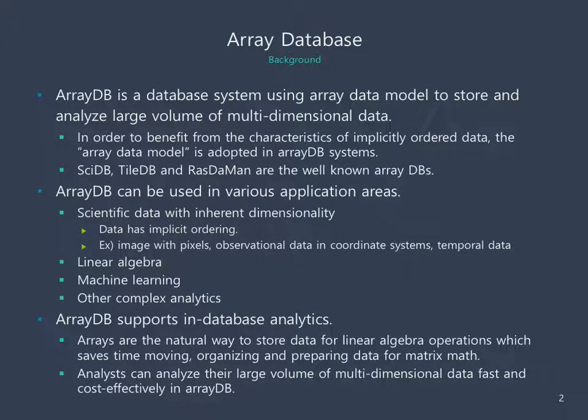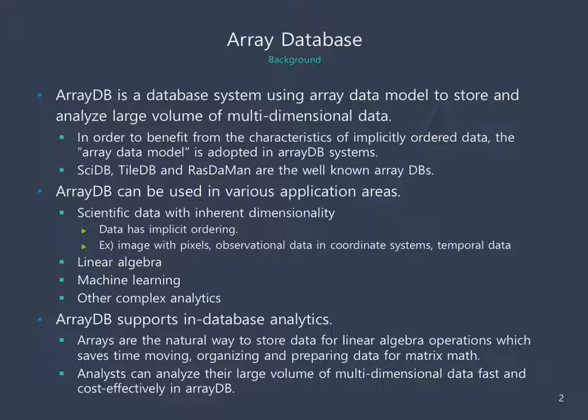I think most people are familiar with the relational database or spatial database, traditional database, but I think array database is an unfamiliar thing. So I'll explain about the array database. Array database is a system using array data model, literally. So in traditional database, tuples are represented as rows and columns.